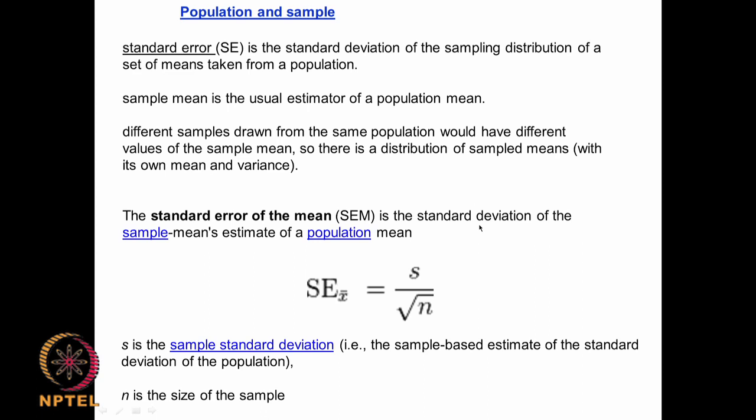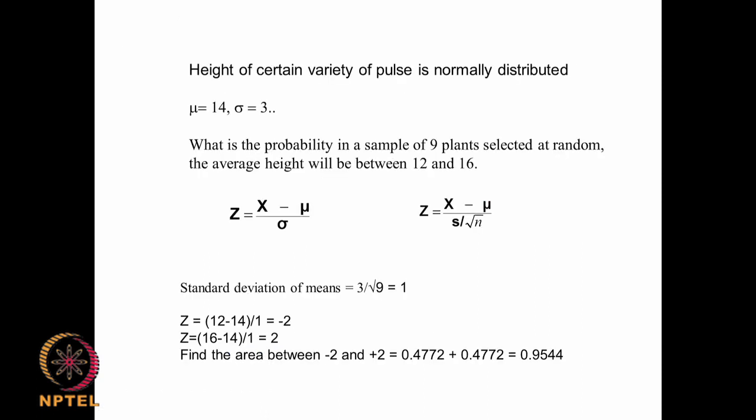Because we have the estimate of the standard deviation from the sample, we do not know the population. So, we use this here and sigma is given as 3, and square root of 9, because we have 9 plants. So, 3 by square root of 9 will be 1.